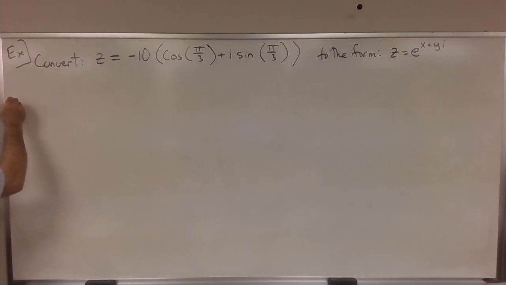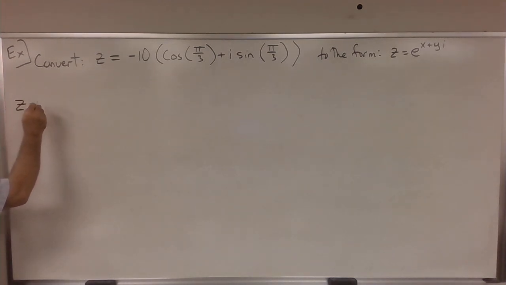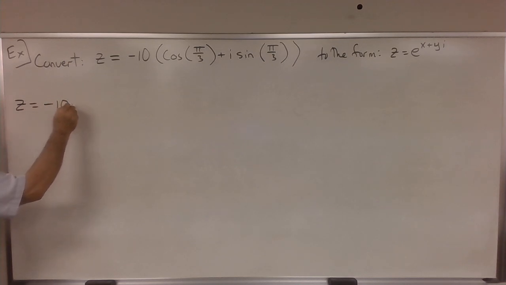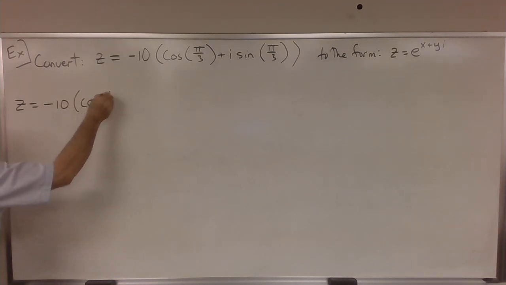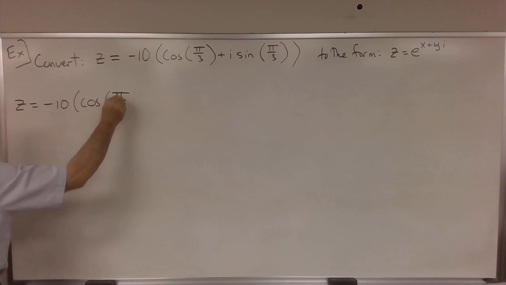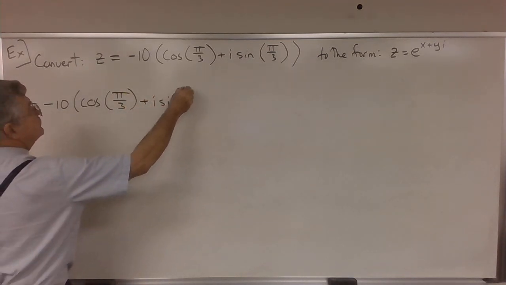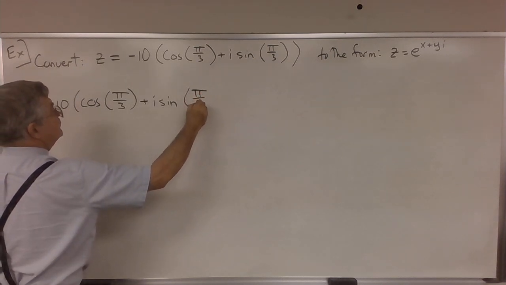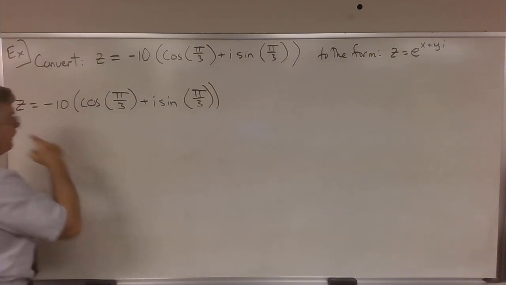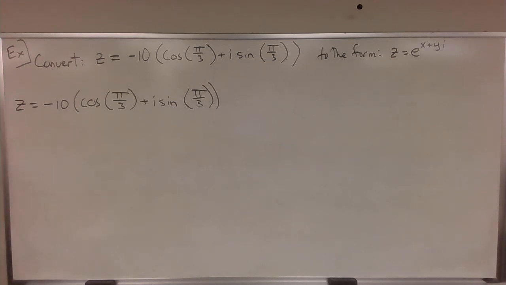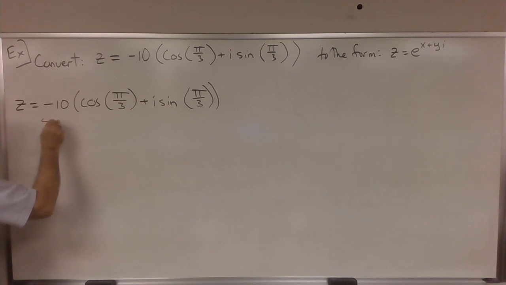So let's write down our z in polar form. And I look at this and I say, okay, here's my r.